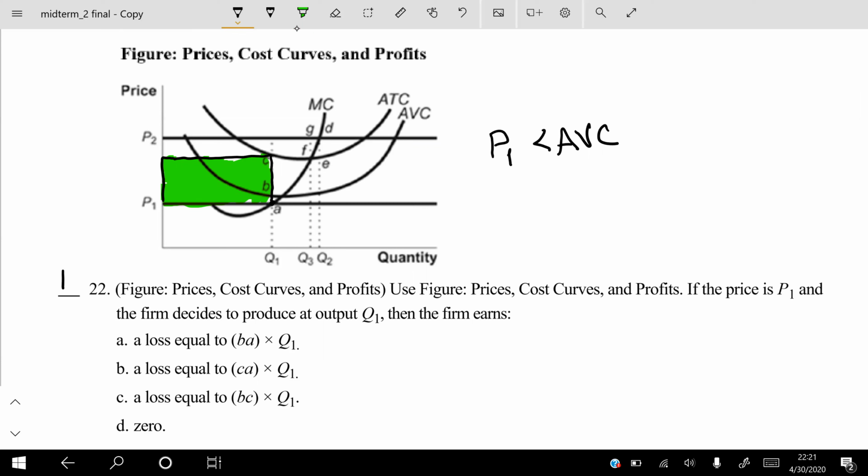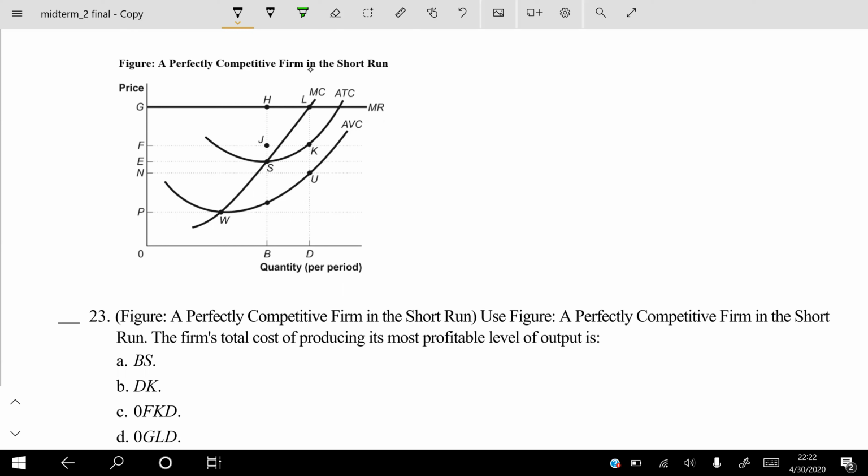So go 0 to F, go out to K, and go down to D. And we get this rectangle, right?